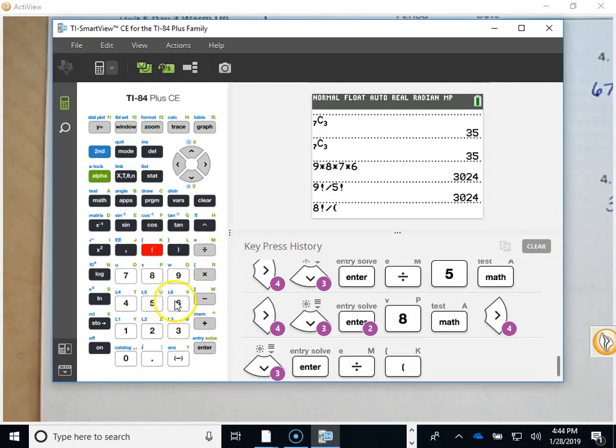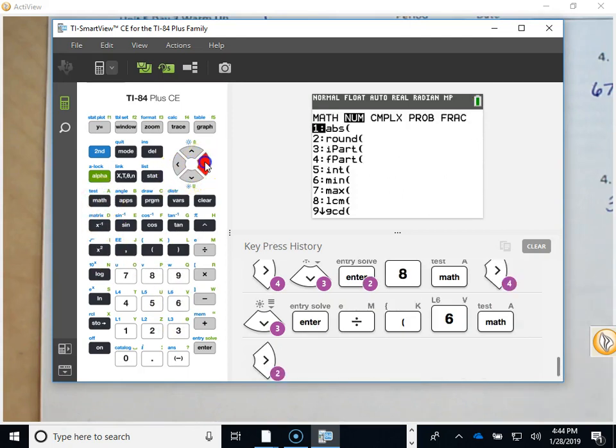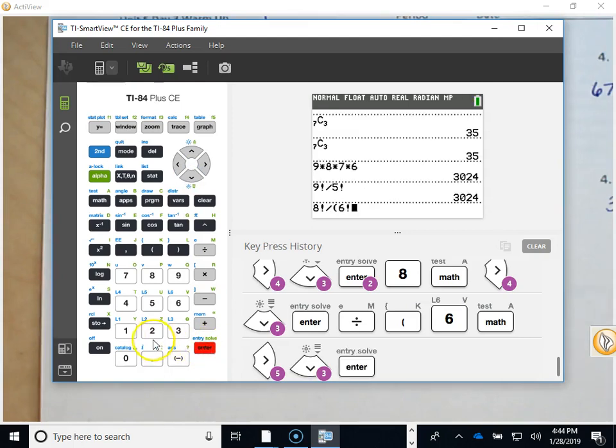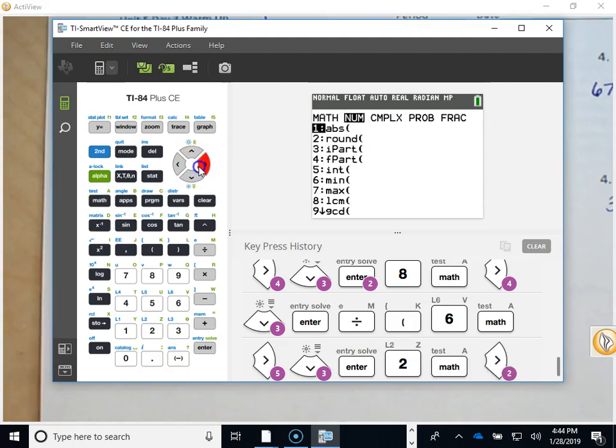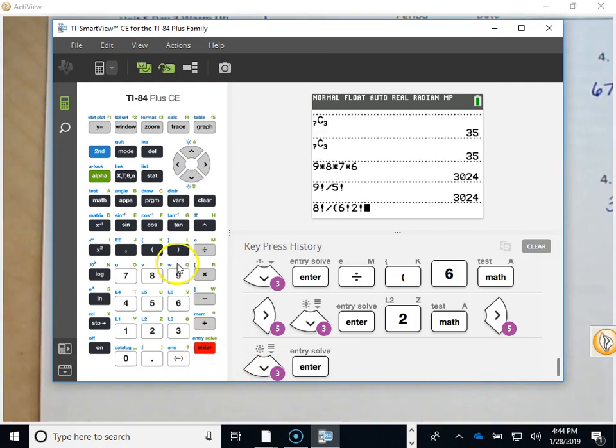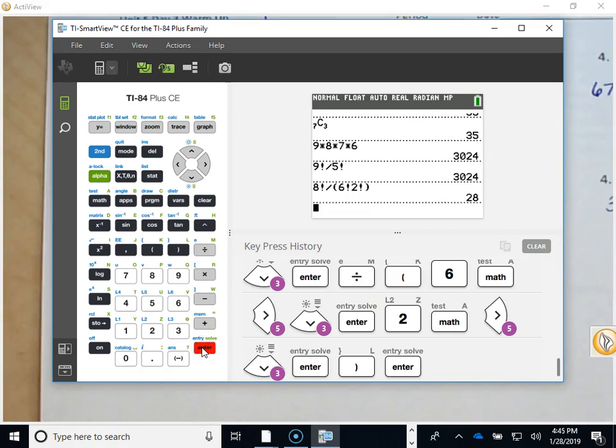We've got 6 factorial and 2 factorial. So 6, math, probability. So you can see how cumbersome this is and how much it's not easier than just using the combinations button. Enter, and then 2 factorial. So 2, math, probability, and then that factorial button. And then finish it off with parentheses and enter. And we get 28.